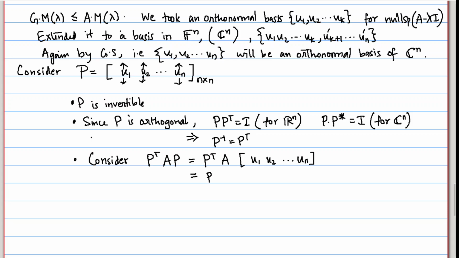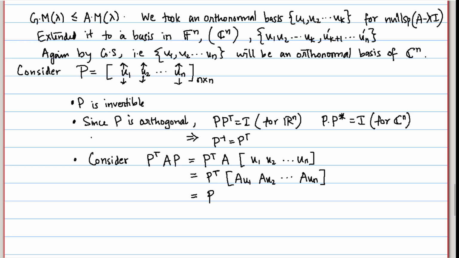That means you have the first column as A times u1, the second column as A times u2, and the nth column as A times un. But we know that u1, u2 up to uk are eigenvectors corresponding to the eigenvalue lambda.